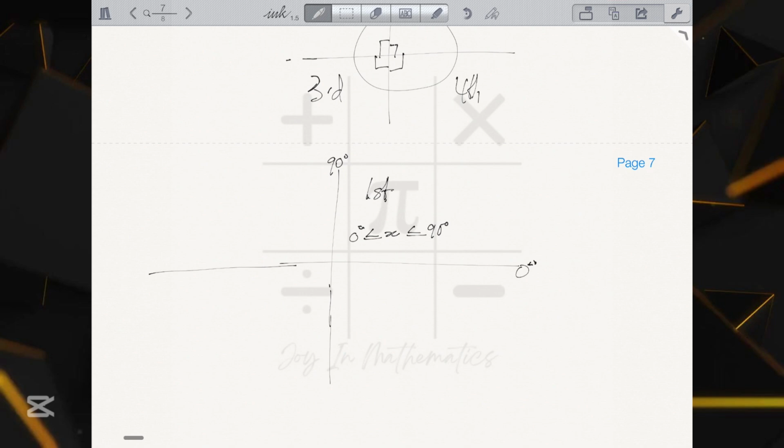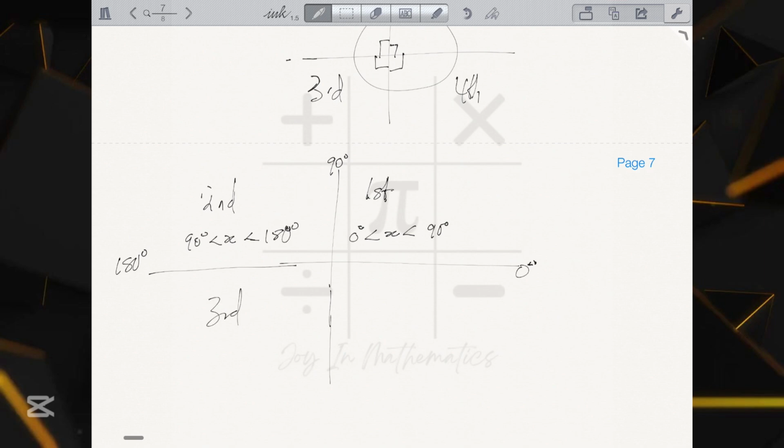Similarly, 0 less than x less than 90 degrees. In the second quadrant, the angles range from 90 degrees to 180 degrees, so 90 degrees less than x less than 180 degrees.